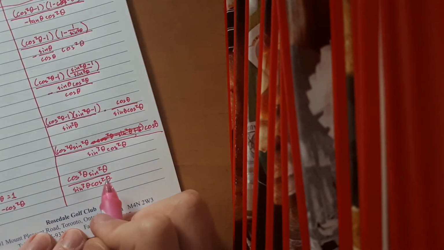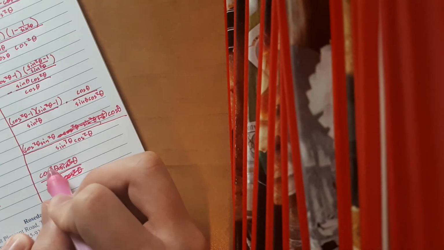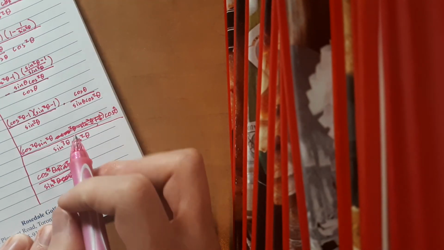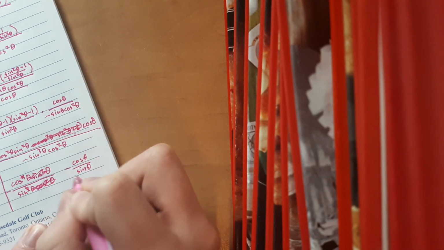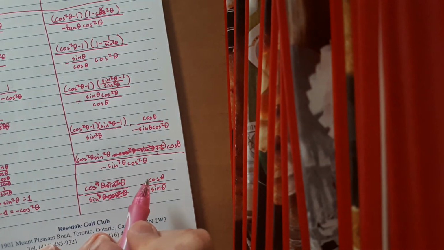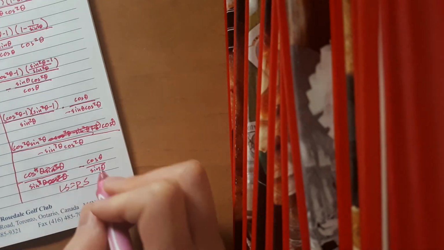We factor out cos squared theta sine squared theta from each, meaning these cancel out. I forgot to mention, the negative here carries all the way through. So that gives us negative cos theta over sine theta. Now this right side is equal to the left side, so left side equals right side, and we've solved it.